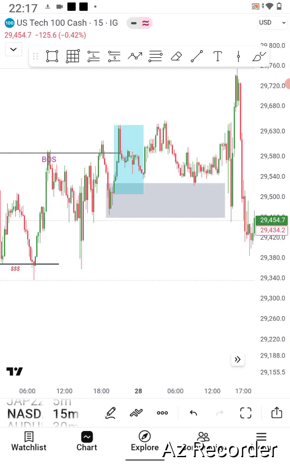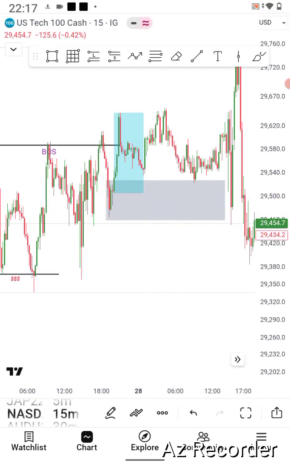Okay. And after having done that, I now saw my inducement. It was the 15 minutes time frame that even made me get deceived into the trade. Okay. Because that order block on the 1 hour time frame is not very valid. But you can see how it looks good on the 15 minutes time frame.